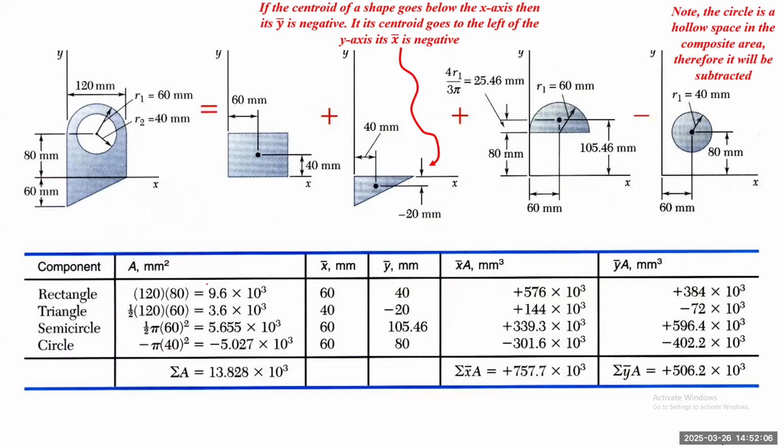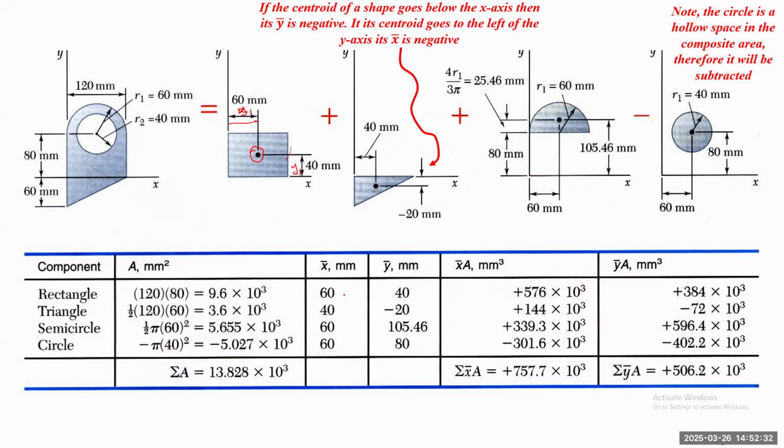For the rectangle, you find the area of the rectangle already. The rectangle is 120 by 80. So halfway, this section is 60. So x1 is 60, and y1 is 40.